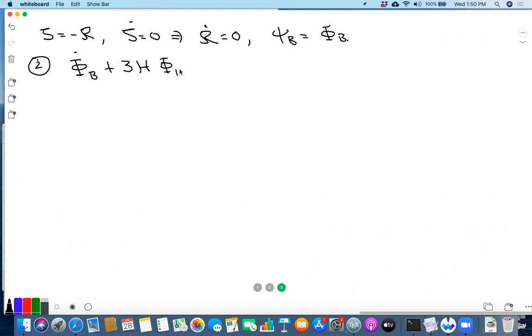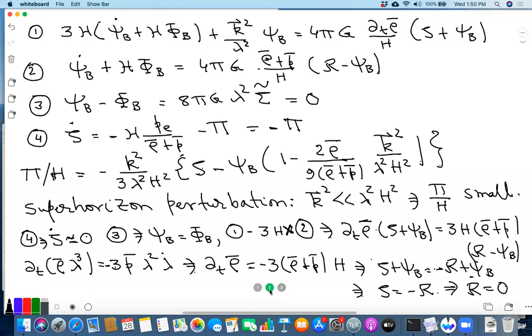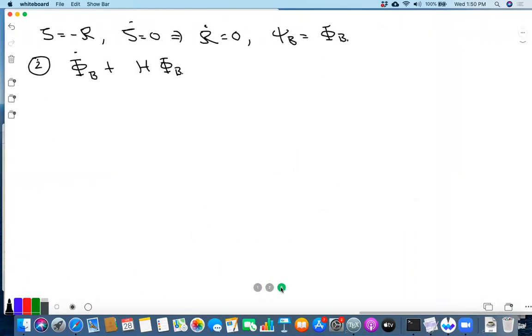I have just set psi b equal to phi b. Sorry, not 3h, h phi b. Yeah, h phi b, equal to 4 pi g times rho bar plus p bar over h times r minus phi b.